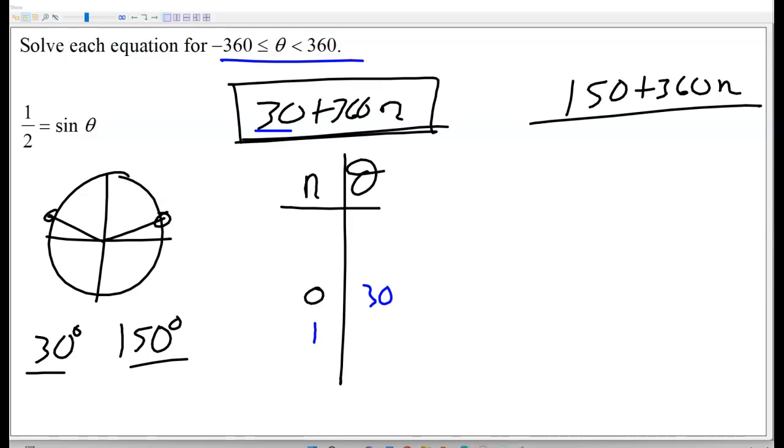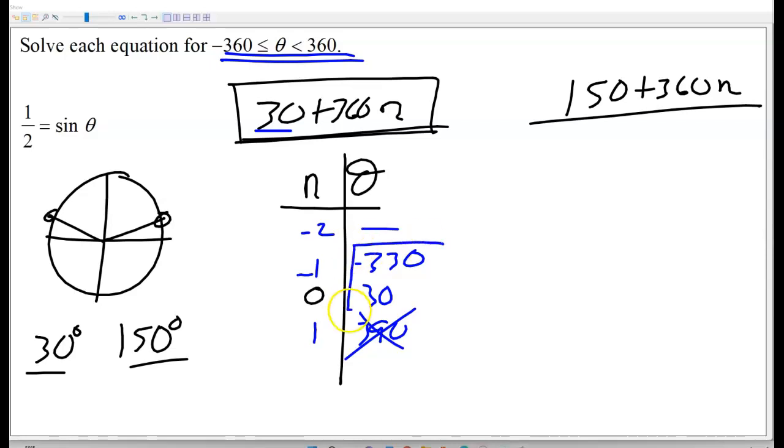So let's do that. You would get 390. Now that is not a good answer. That's not between the options, so I'm going to kill that. If I were to plug in a -1, that's like subtracting 360 from 30. And so in that case I get -330, and that one works. Now if I were to plug in a -2, I'm going to get something that's past what I want.